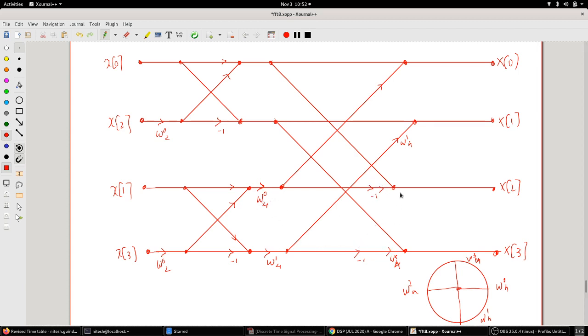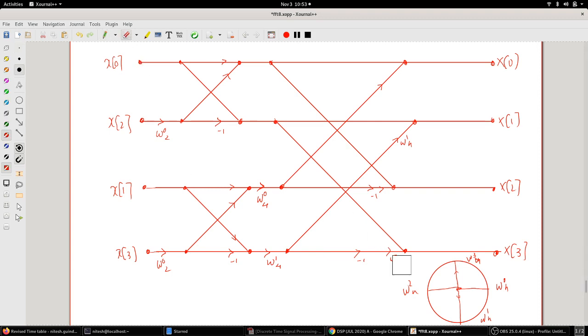In the same way here, W1 of 4 gets multiplied with this node, and W3 of 4 gets multiplied with this node, right? So instead of that, I can precede with W1 of 4. W1 of 4 and W3 of 4 are in opposite directions, so W3 of 4 is minus of W1 of 4. So I multiply this with W1 of 4 and get a negative sign here.